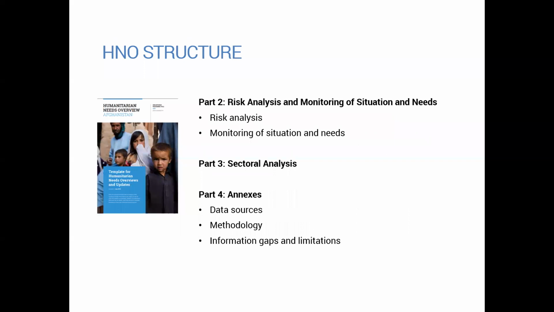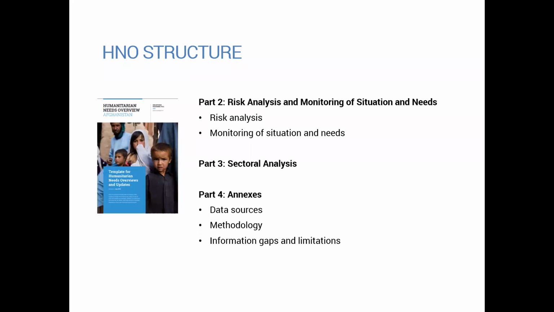And there you see in the HNO structure that there's certainly more emphasis now on part 2, that risk analysis element and the monitoring of situation needs. So having in there a bit more of a collective risk analysis, trying to understand what are the main drivers and shocks. It's encouraged that country teams think through what's the most likely scenario.